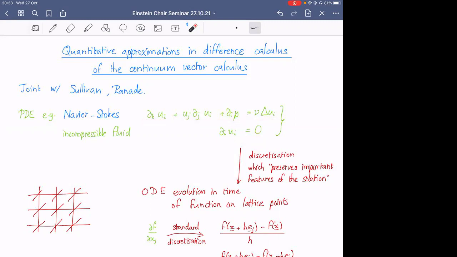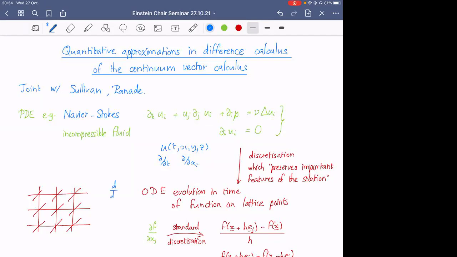As a PDE, we have some functions, usually of time and space, and we have differential operators in time and space. The discretization that we're talking about will be discretization in space. In other words, we want an ODE evolution in time of functions on lattice points.